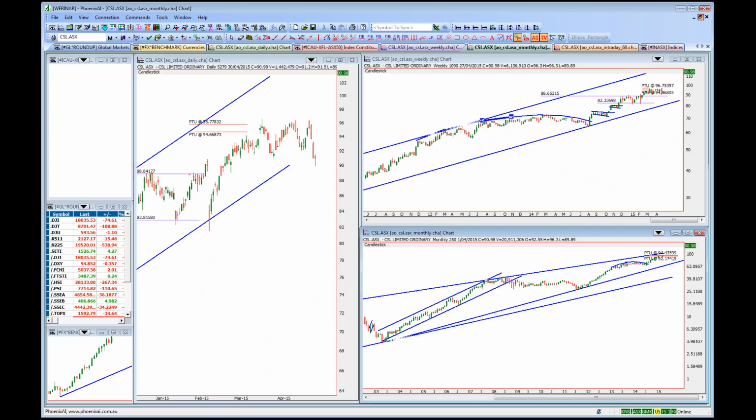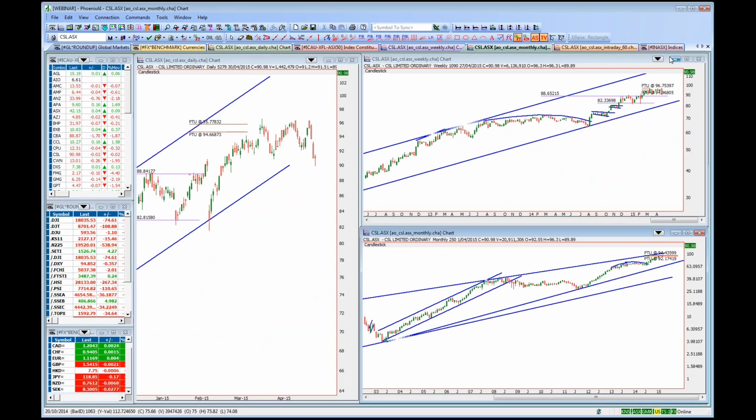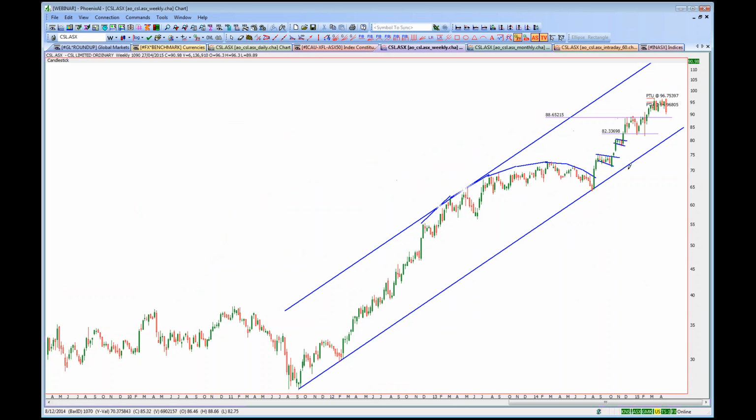Let's have a look at the weekly. We can see the target's been met. That's off the bull hook here too. Then you had little flags, a consolidation phase, with an up target of the consolidation. So the consolidation phase target's already been met. If you look at the other targets, from here to there to its breakout, that was there.